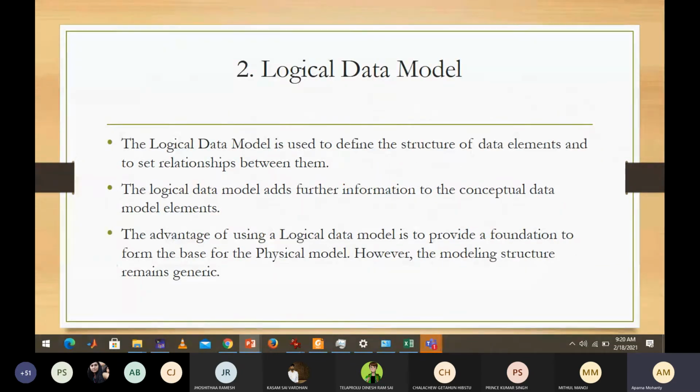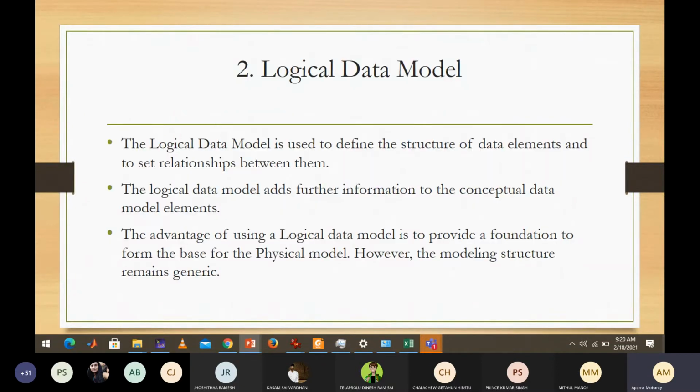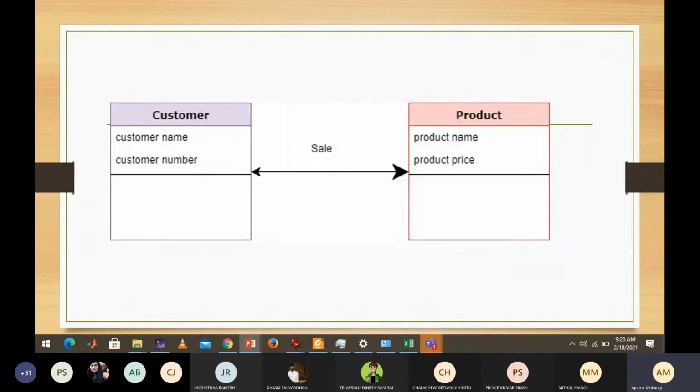Same example as before: the entities are customer and product, and the attributes are the same, customer name and number. Can you identify the difference between this model and the previous one? Just look at these two figures. This is the conceptual model, the diagrammatic representation.